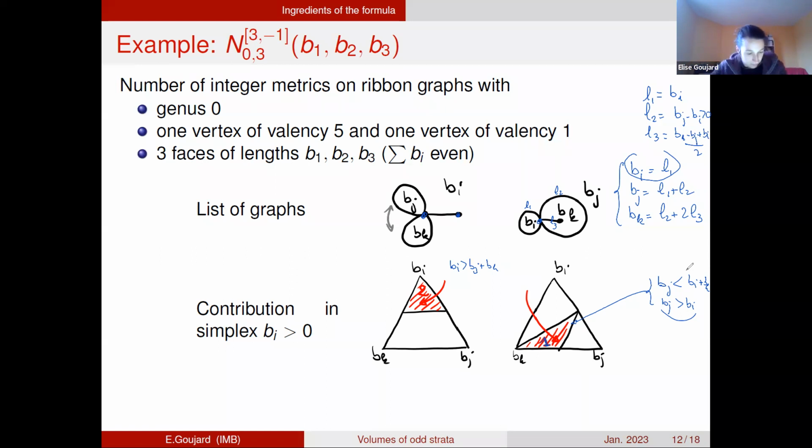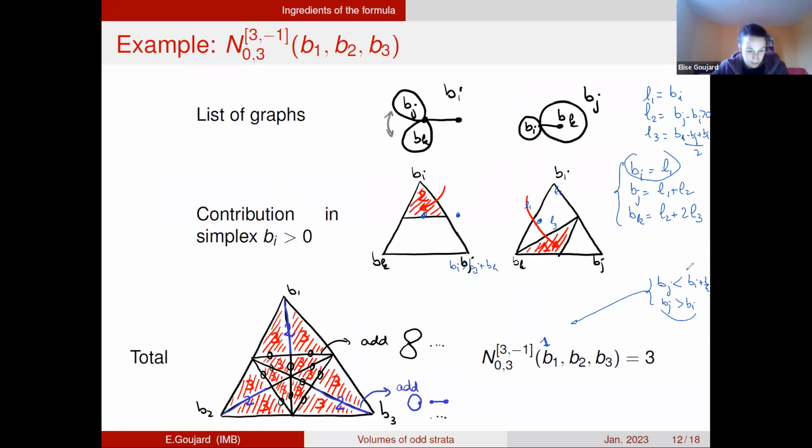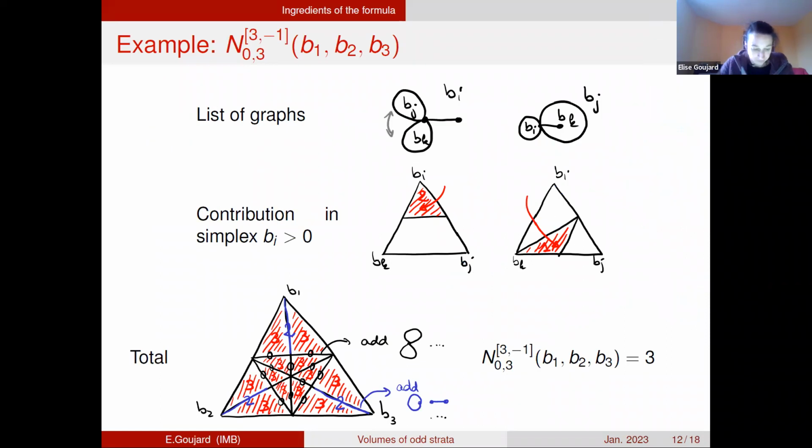Okay. So now you have to sum over all possible permutations of ijk. So here in the simplex B1, B2, B3, I draw the total contribution of all this count of integer matrices. What you can see is that in all these chambers, like this, etc., and inside here, the contribution is 3.